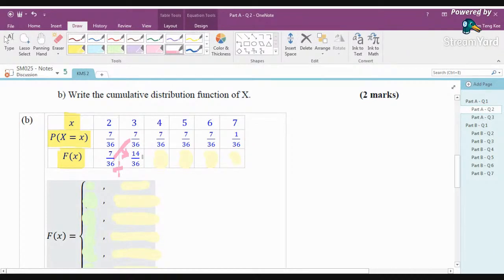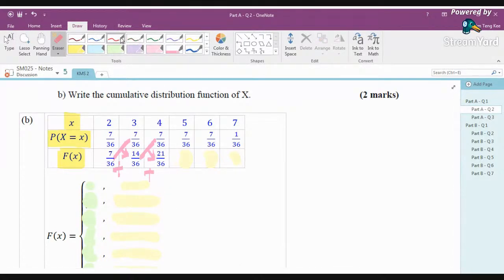Follow the next one. Consider these two values. Again, I sum up. So I have 7/36 plus 14/36, 21/36. Similar idea. Sum up 7/36 and 21/36. It gives me 28/36.